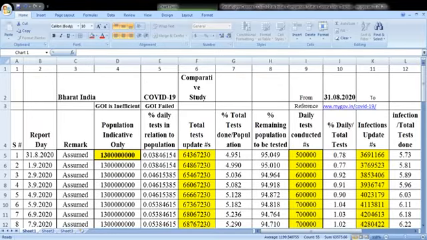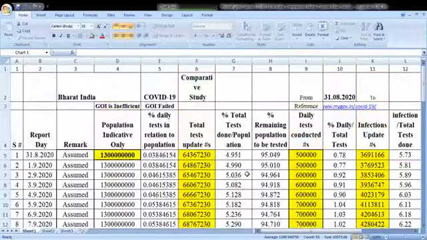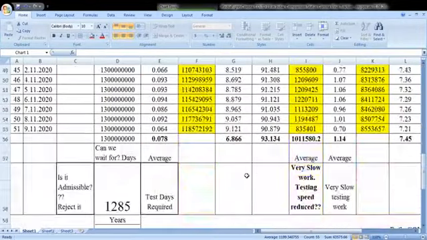And if today you think what I ask is that big, I'll show you here. This is now what we say, how many percent are there. Now you can see how many persons have been tested percentage-wise, and here is the total test done over population. So that is this one, total test over population.